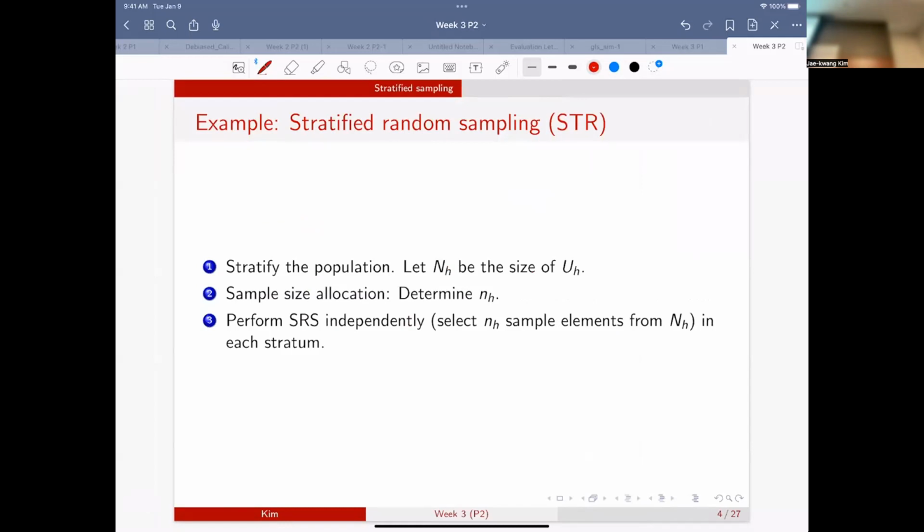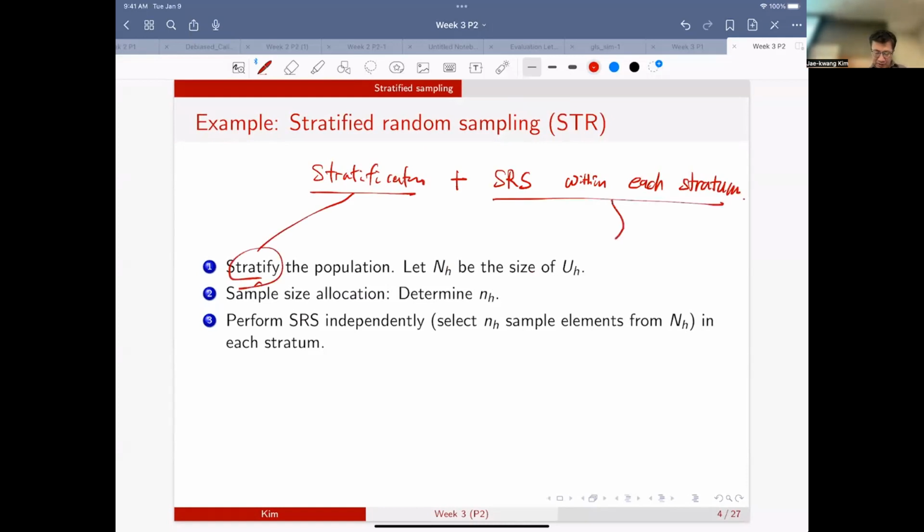So stratified random sampling means stratification plus simple random sampling within each stratum. So basically, stratification is step 1, and simple random sampling within each stratum is step 2, right?